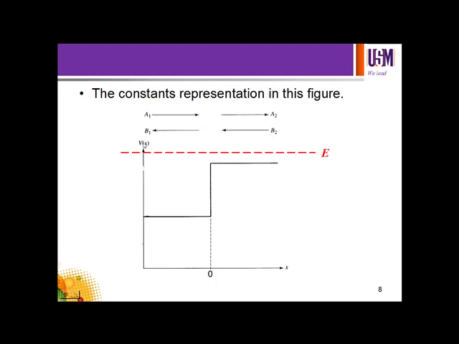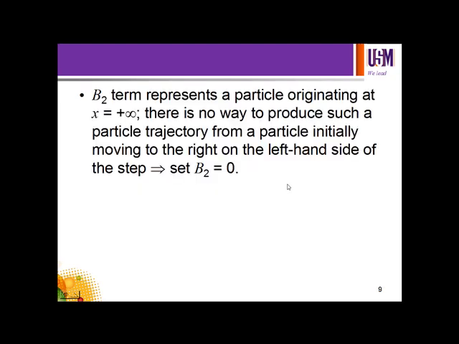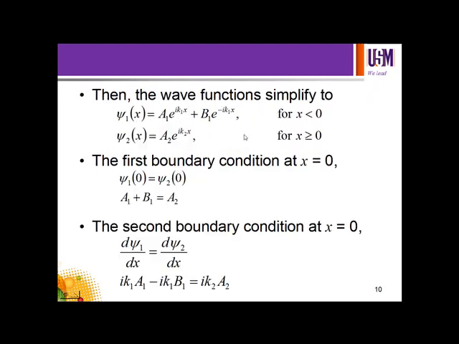Since our experiment is a particle moving to the right, there is no way that B2 should be there. So B2 should be 0. There is no particle coming from positive infinity. Then the wave function is simplified: psi 1 does not change, but psi 2 now only depends on A2 because B2 is already set to 0. So for psi 2, we have only one term.